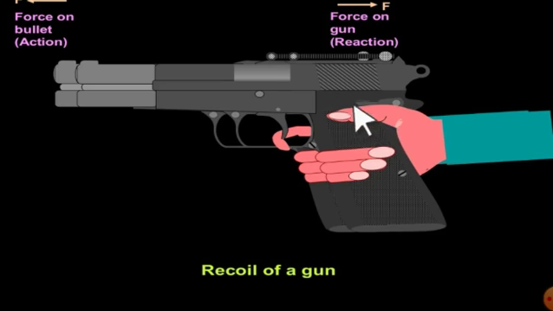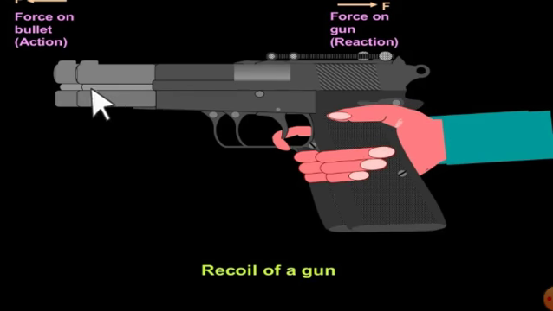When that cannon is fired, the Bofors gun or the cannon will move backward. This backward movement of the gun or machine, when something is fired forward, we call the recoil of that object. In the case of a gun, it is the recoil of the gun, that means the backward motion of the gun during firing.